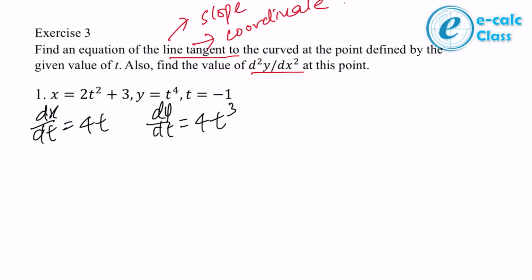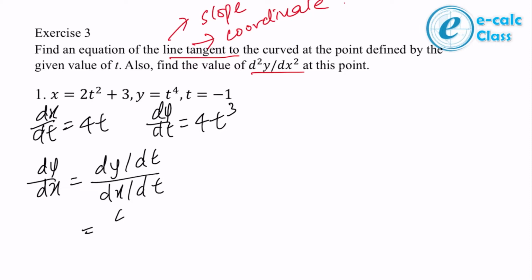Actually, if you just want to find the slope, you can directly sub in the value of t already. But because I know that I need to find second derivatives, I will write out my dy/dx properly in terms of t first. Okay, dx/dt is 4t cubed, 4t, t squared. This is my dy/dx, and I will need it later.